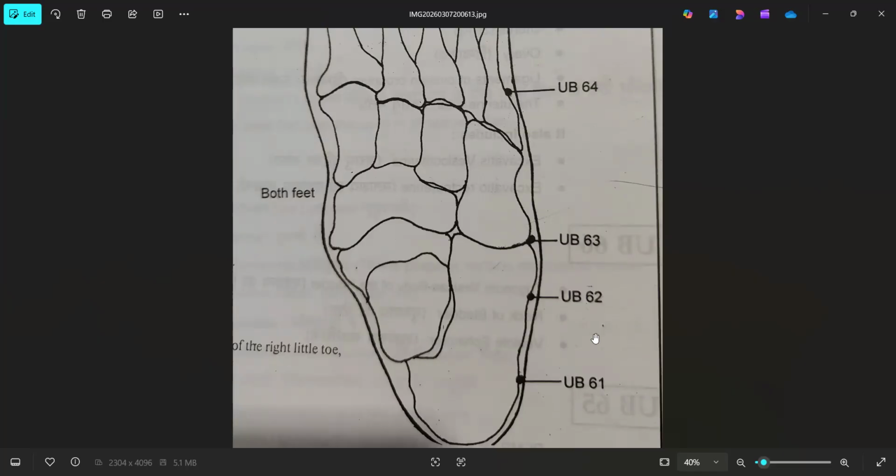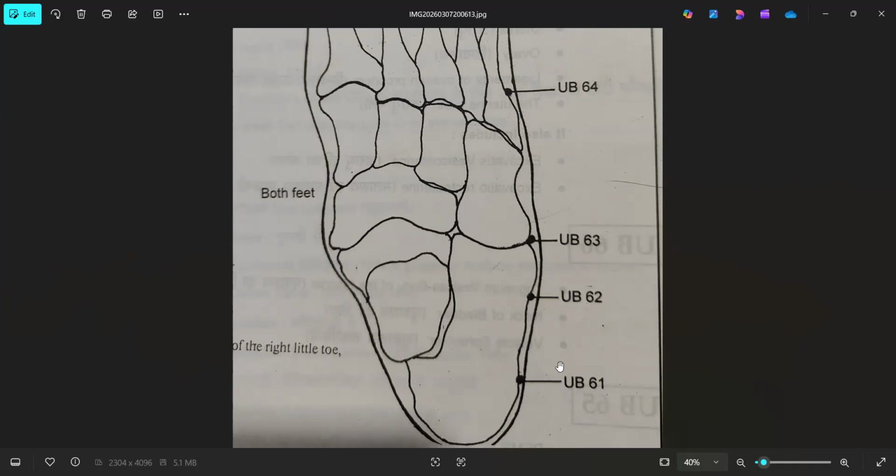61 is an important point because this is a point for the nerves of lumbar and legs. That means the sciatic nerve. So 61 is a big point for the sciatic nerve and sciatic pain.